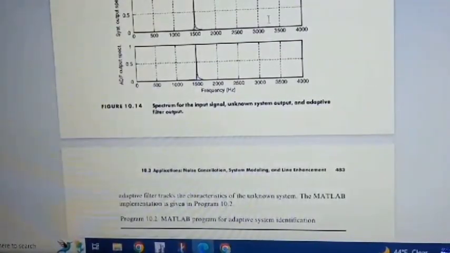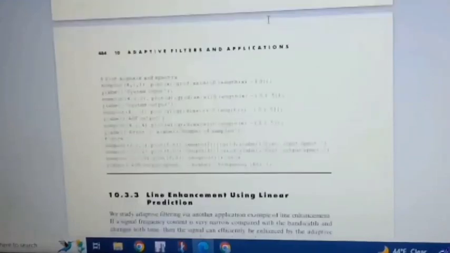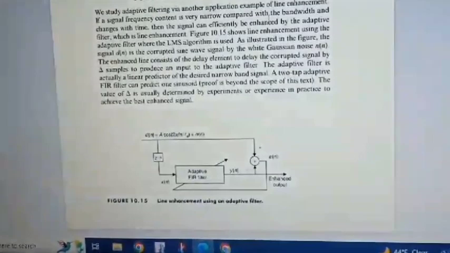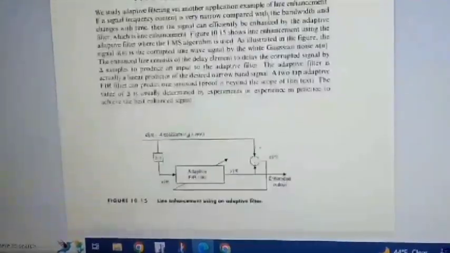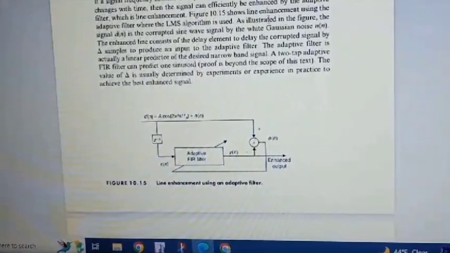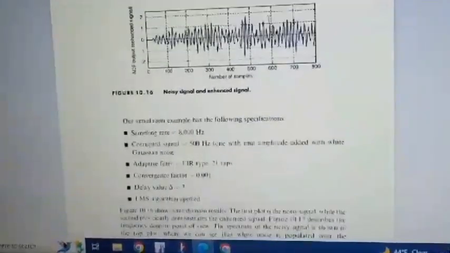The last application of adaptive filters is line enhancement. Line enhancement using adaptive filters is a signal processing technique aimed at isolating or enhancing specific components or features within a signal. This is the line enhancement block diagram using adaptive filters.